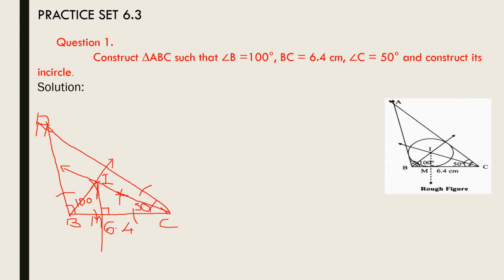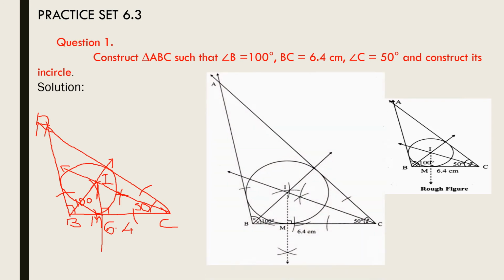And this circle touches all the sides of the triangle. This is your incircle of the triangle, and I is the center of the circle, and this I is called the incenter of the triangle. And this is your required figure.